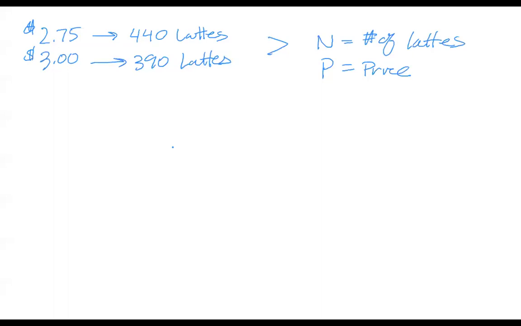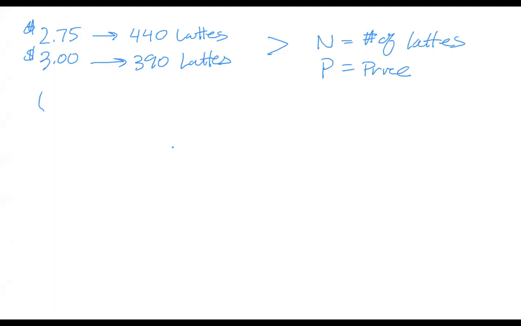So for this problem, I'm going to look at these relationships. $2.75 was related to selling 440 lattes. And then when we increased the price by 25 cents to $3, that was related to the selling of 390 lattes.